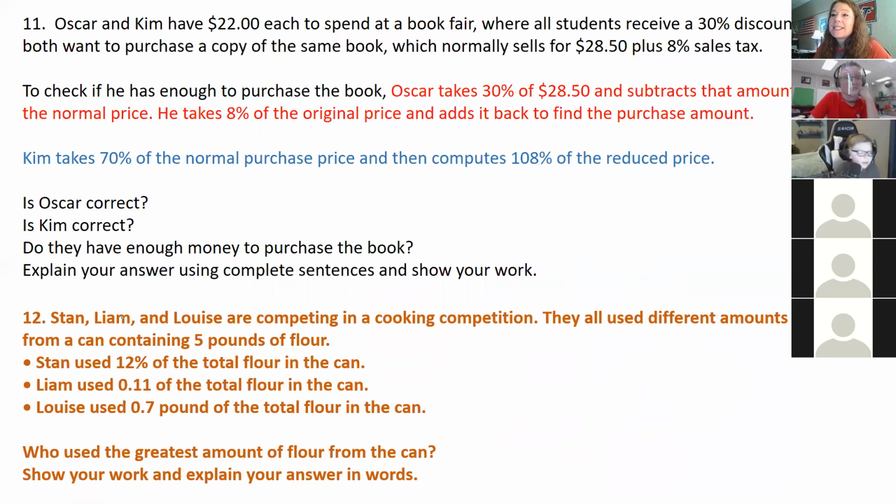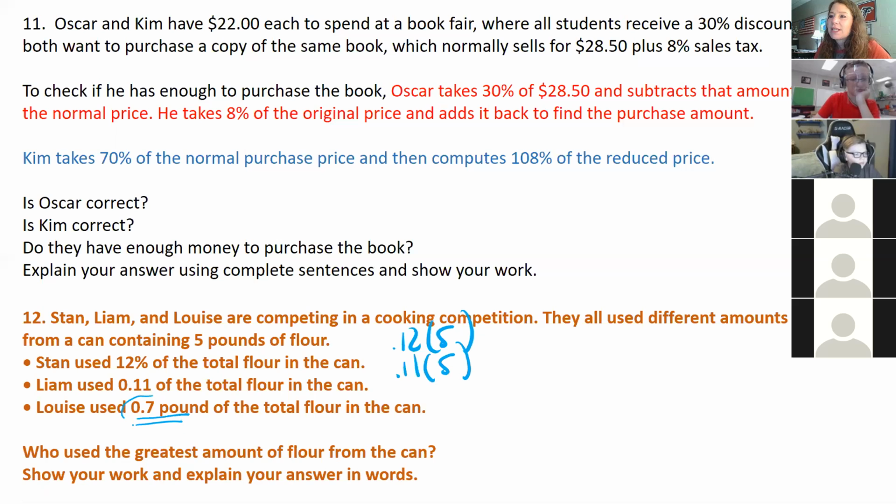Stan, Liam, and Luis are competing in a cooking competition. They all use different amounts of flour from a can containing 5 pounds of flour. So Stan uses 12% of 5, Liam used 11% of 5, and Luis used 7/10 of a pound.